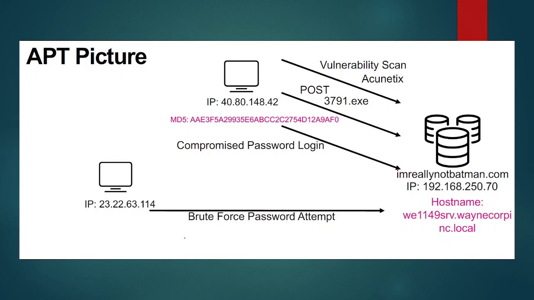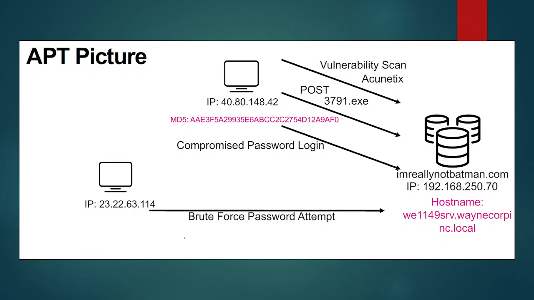And then we looked at that attempt being successful. We looked at the correct password, and subsequently we see the attacker logging into that website using compromised login credentials and uploading some executable files to that destination IP. We also documented that destination IP address.